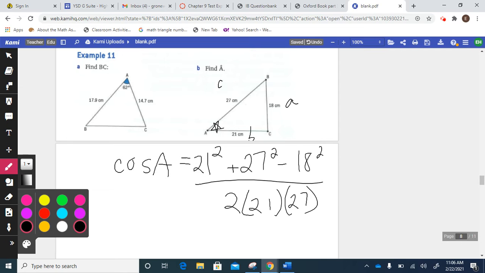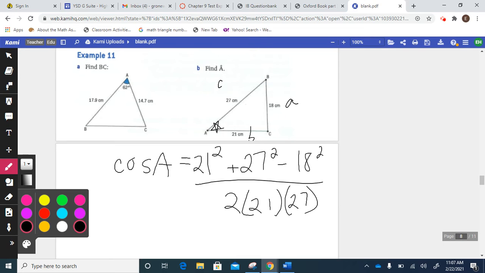I do have to get A by itself by doing cosine inverse. So let me go ahead and plug this in. 2 times 27.